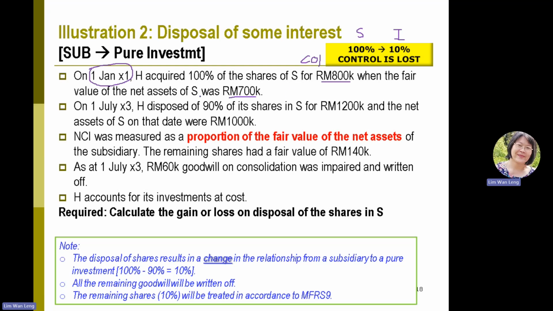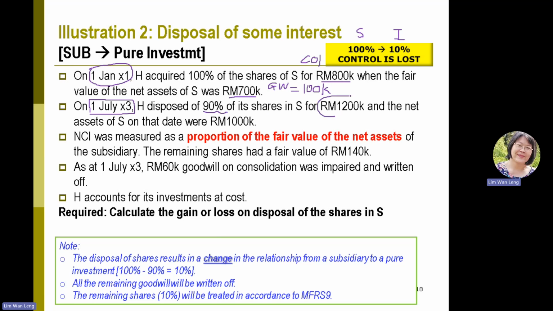Compare with the fair value of the net asset, you're going to get the goodwill of 100,000. Okay, then when do you dispose of? First day of July X3. So, of course, we take the understanding that the year end is 31st December. Okay, so partway through the year, you dispose of 90%.